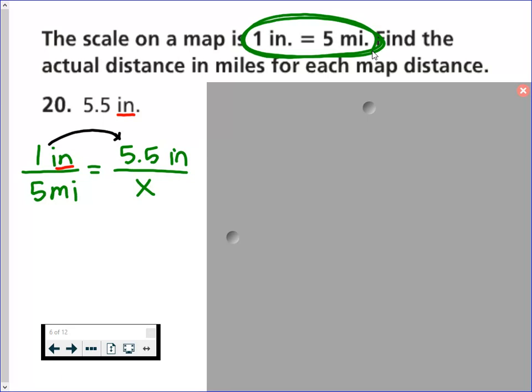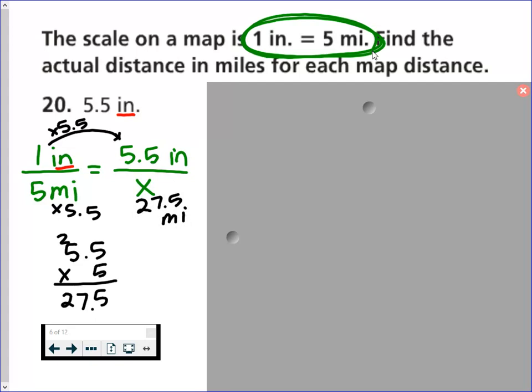How do I get from 1 to 5.5? I times it by 5.5. Again, make sure I'm getting a bigger answer. 1 got bigger to 5, so 5 gets bigger to 27.5.